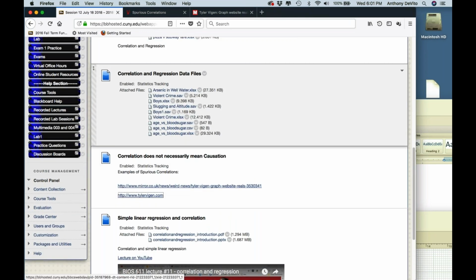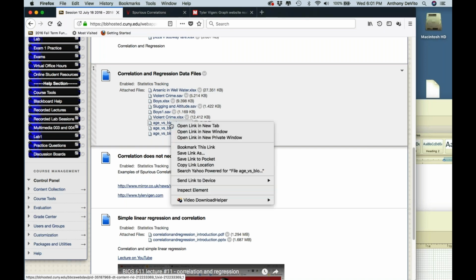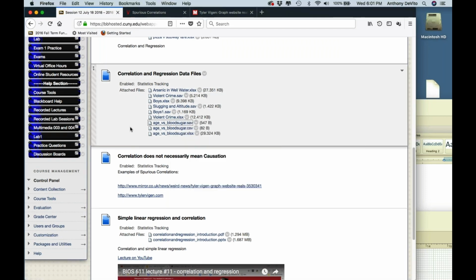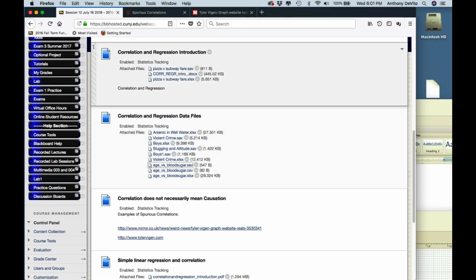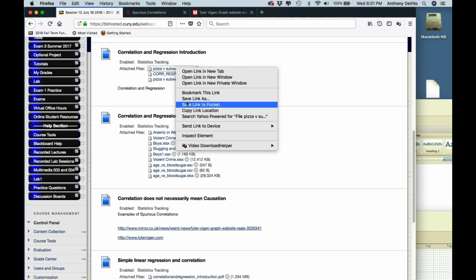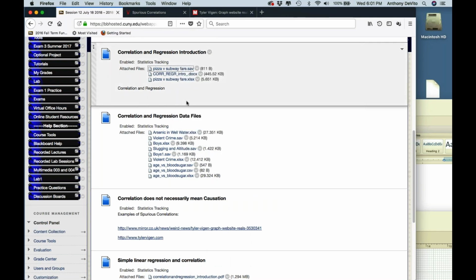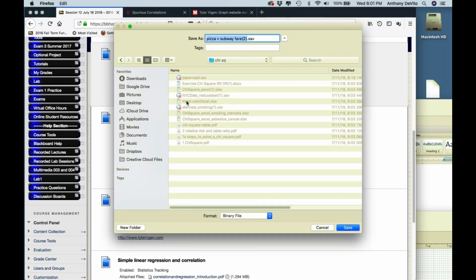Okay, I'm going to pull down this file called age versus blood sugar.sav. Well, actually, before that, I'm going to work with another one. I'm going to pull down this file called pizza versus subway fare.sav. Okay, and I'm going to save that to my desktop.